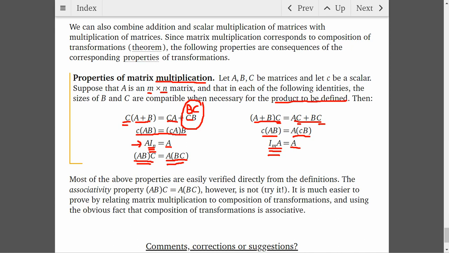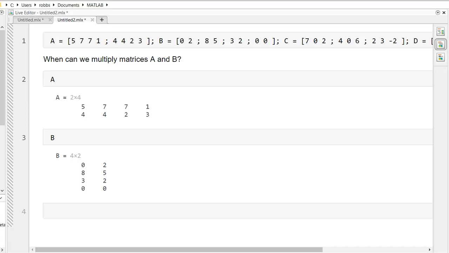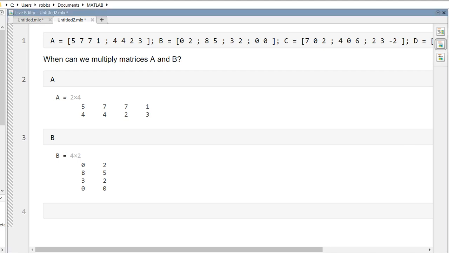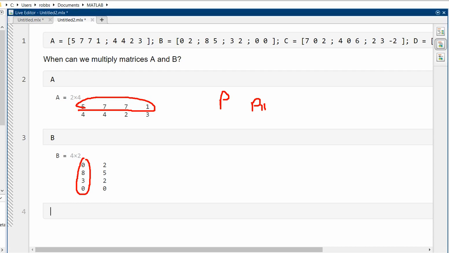So I'm going to switch over to MATLAB now and show you a couple of things. These are actually the same four matrices that we used in the prior section, but now let's talk about multiplying them. So we said that if I'm going to multiply A times B, and let's say that the product matrix is P, then the P sub 1,1 entry is going to be row 1 of A dotted with the first column of B. All right, so let's see if we can make that happen.